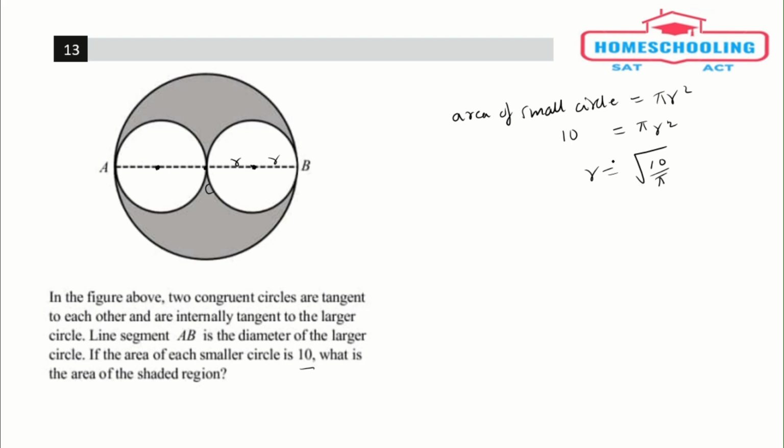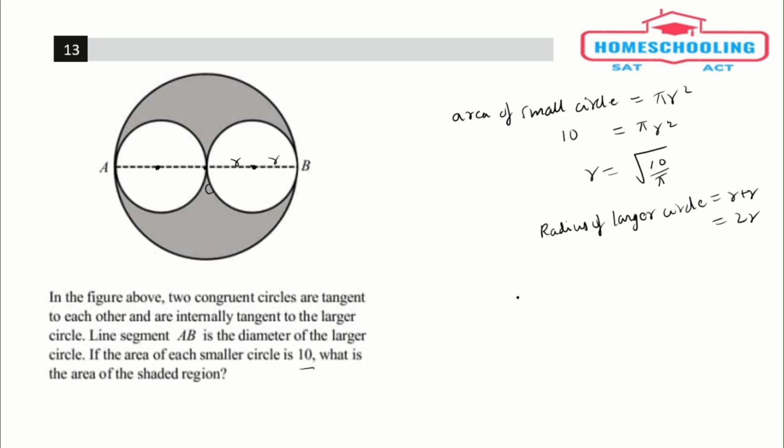Now if we take the larger circle here, and C is the center of the larger circle, the radius would be CB. So what is going to be the radius of the larger circle? 2r. The radius of the larger circle is r plus r, that is 2r.